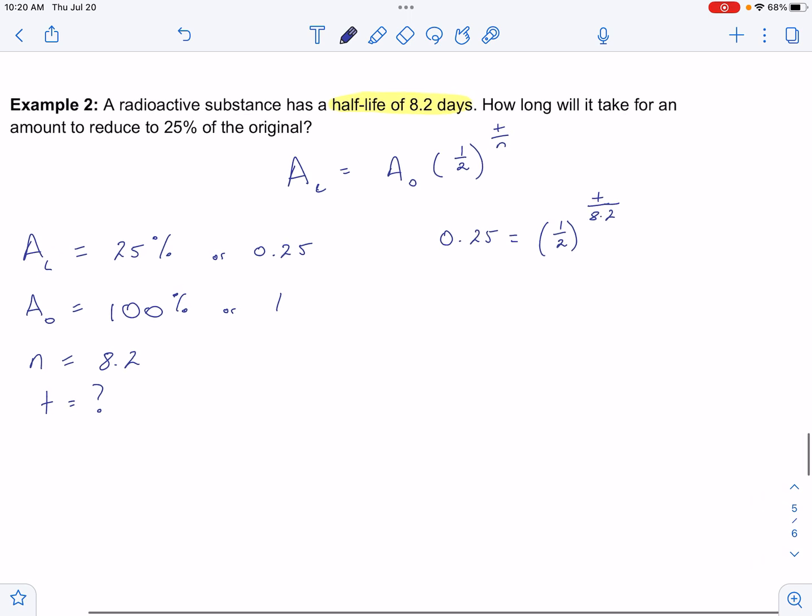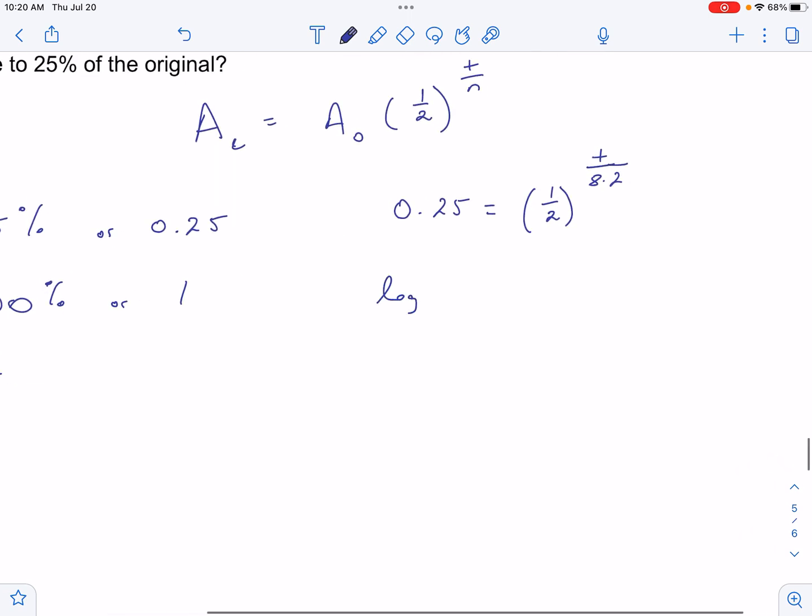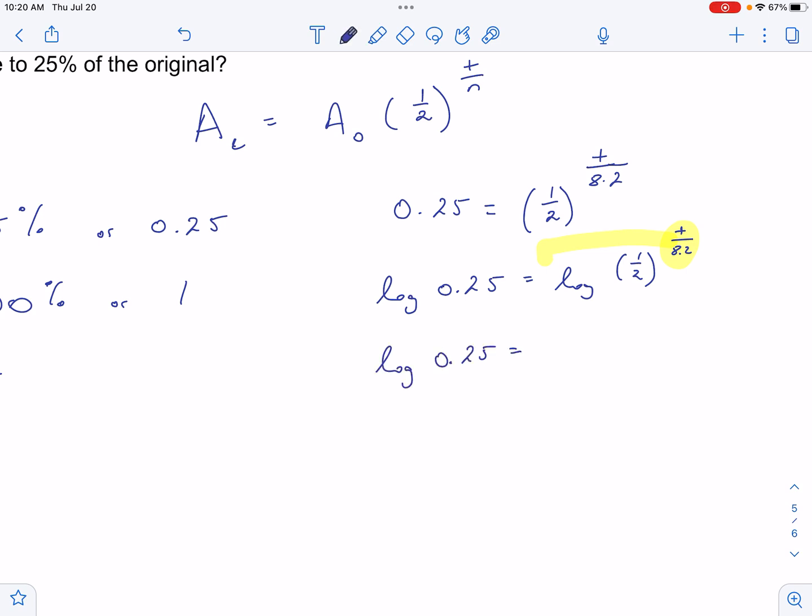I can immediately now jump to taking the log of both sides, which allows me to bring my exponent down in front. Okay, I'm going to divide both sides by log of 0.5. And I'm just switching to a decimal here because it's easier to write.